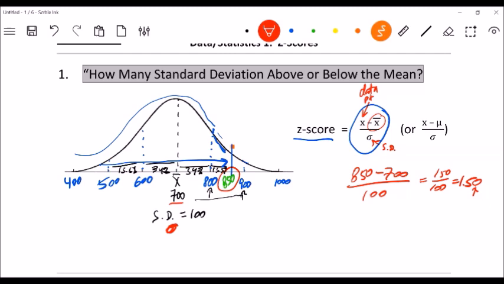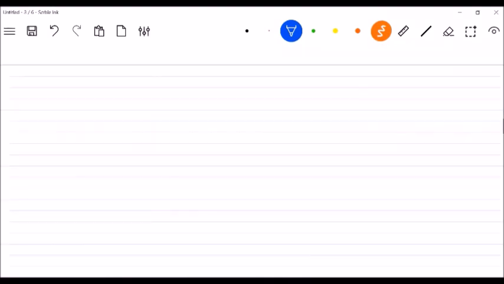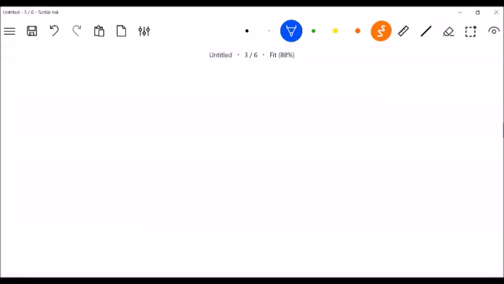So what we now do is use 1.50 on the z-score table. Now, it's actually not officially called the z-score table, but let's look at it. I have it at the end of this document.